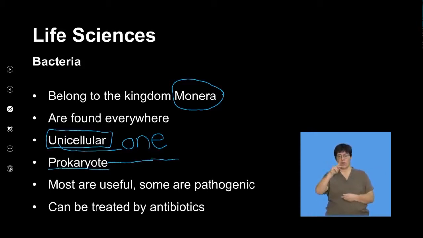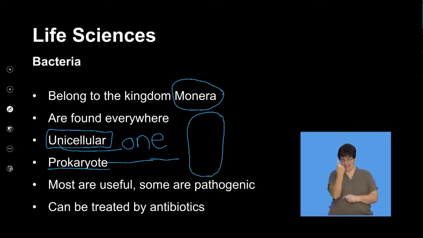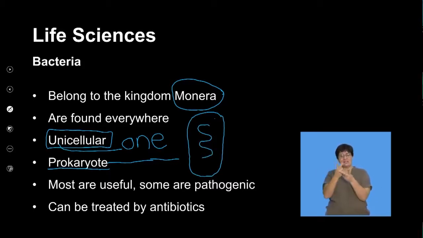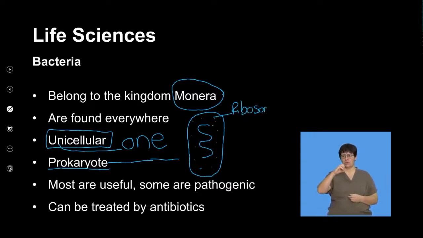I don't know if you remember: what is a prokaryote cell? It's a single cell that has DNA in the middle, and it has no membrane-bound structures. So it will have ribosomes, but it won't have anything else. There won't be any Golgi body, any nuclear membrane, or any mitochondria.